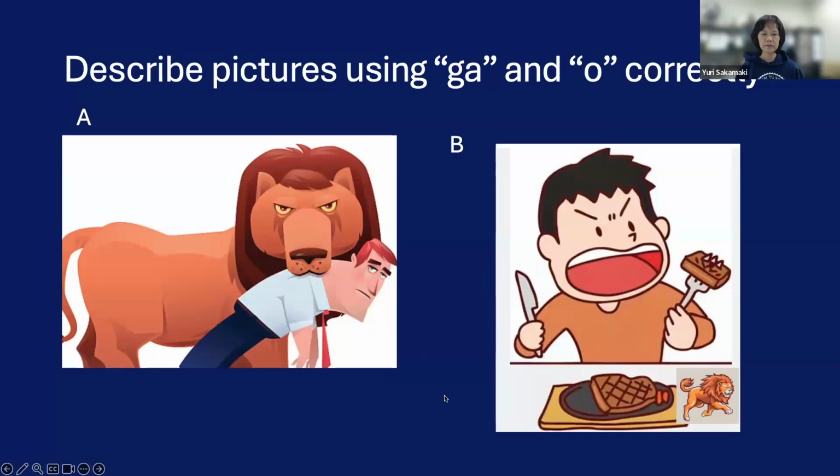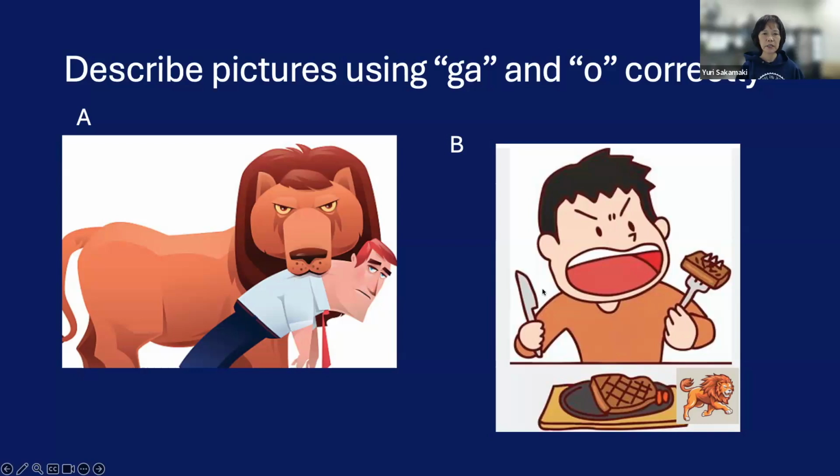So many times, especially in conversations, you can skip most of the particles, if not all of them, as long as the context is clear about who does what. But something like this, A can be possible, right? B can be possible.